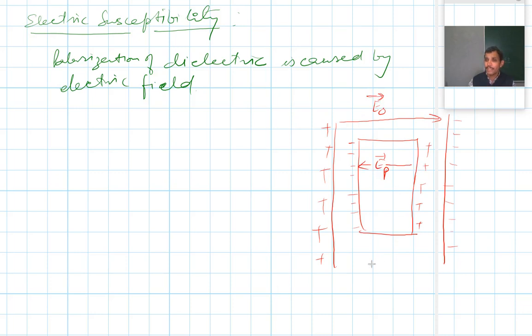So that means there is a net field in this dielectric. That net field is E naught minus Ep. Right, that's what will happen.